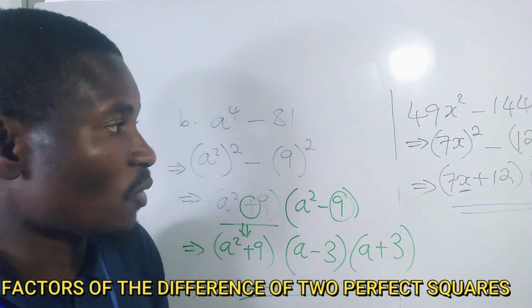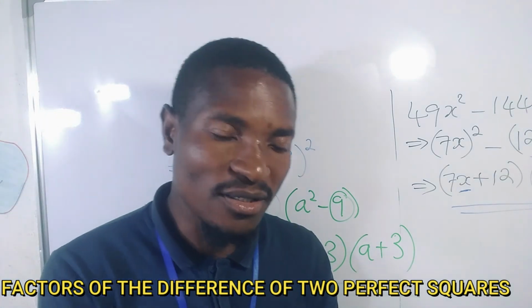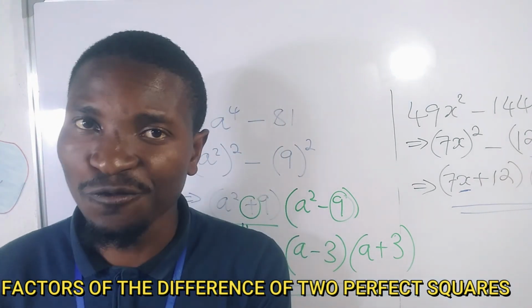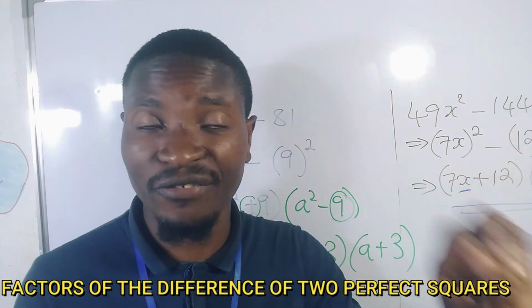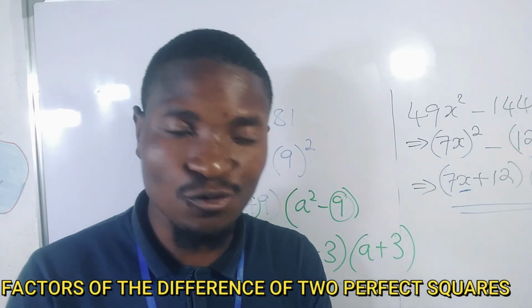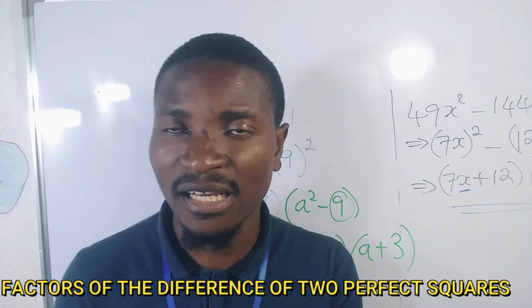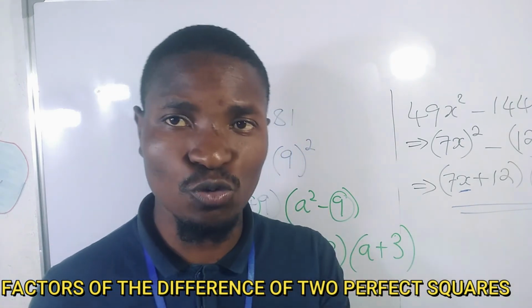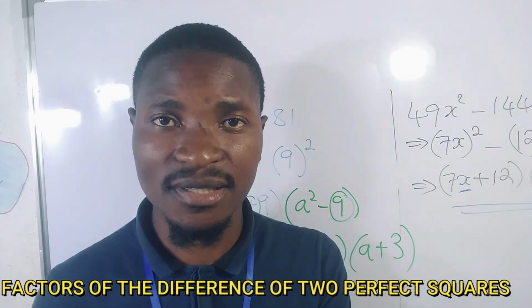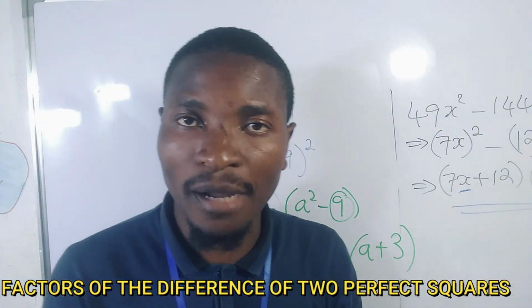The key concept is to first identify whether this is the difference of two perfect squares. You have to have a technique to ensure and identify that you are dealing with the factors of a difference of two squares. If that is the case, then you follow the procedure that we have just done previously.